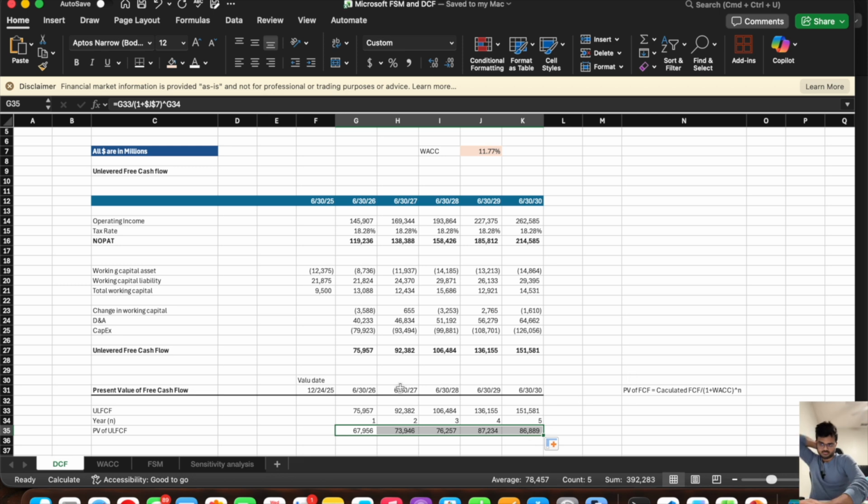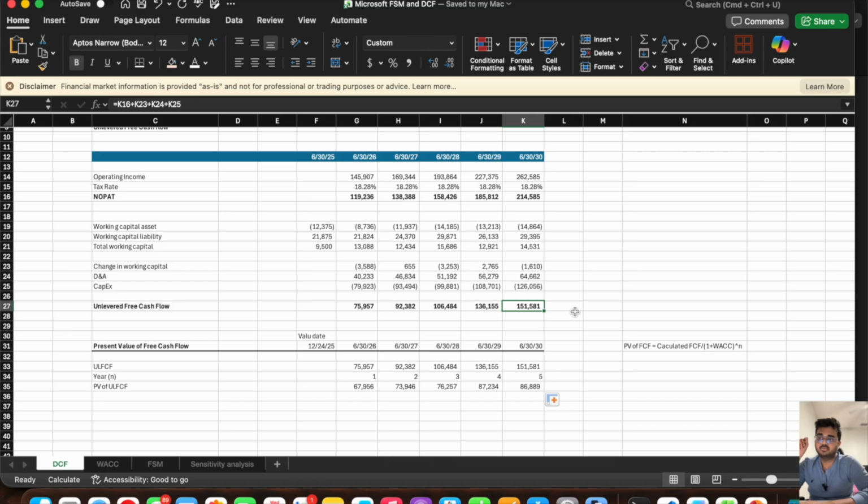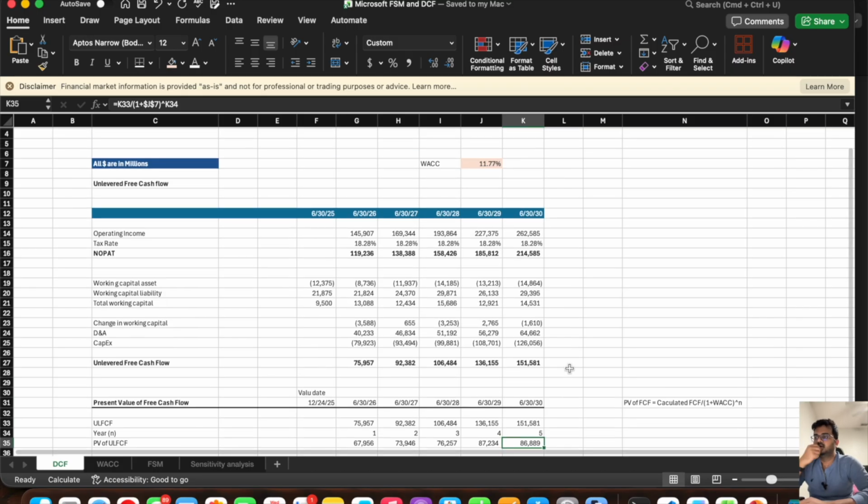Okay. So now we have figured out the present value of unlevered free cash flow. If you could note, we said the business Microsoft is going to generate $151 billion, but at the discount rate, considering all the risk, as of today it is only worth $86 billion.